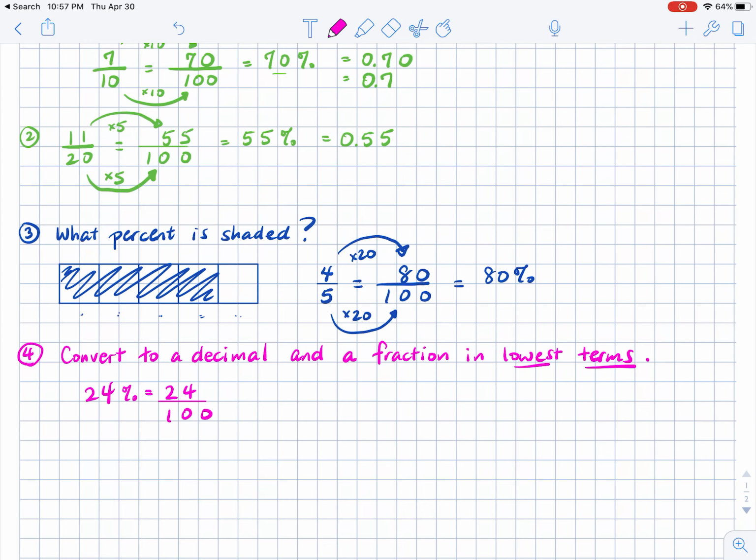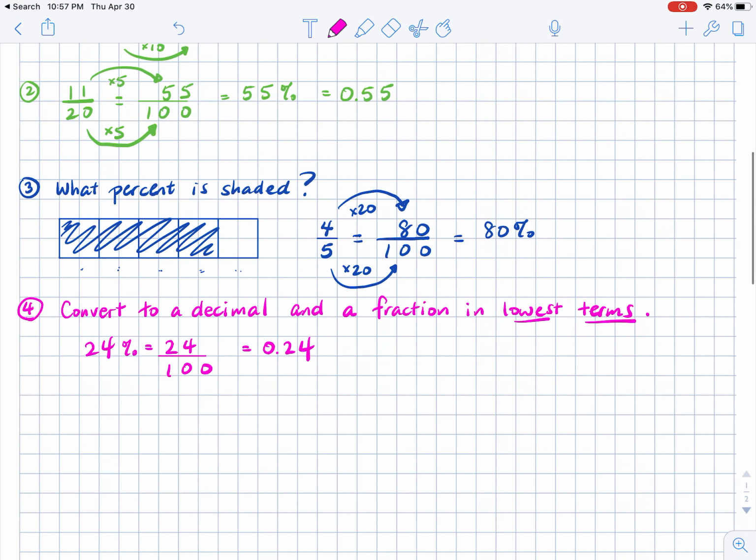That's the equivalent fraction over 100. Therefore, as the decimal, it's 24 hundredths, okay? Now, it does say to convert the fraction to lowest terms. So how do we do that? Well, we take 24 out of 100.